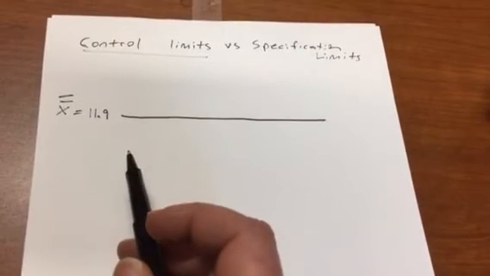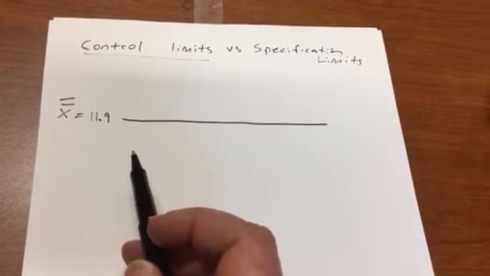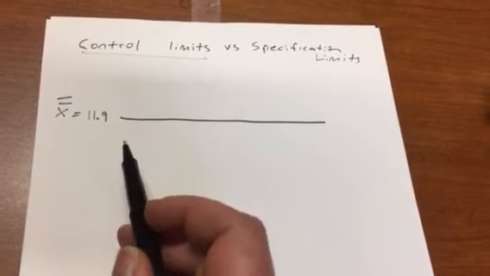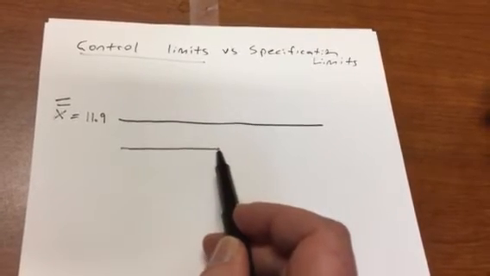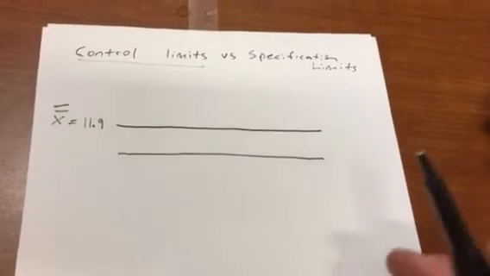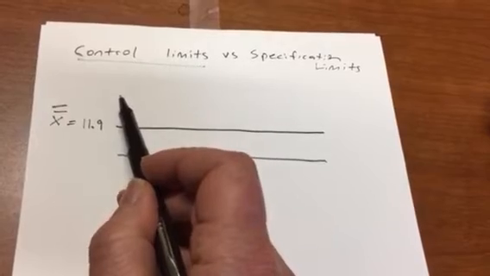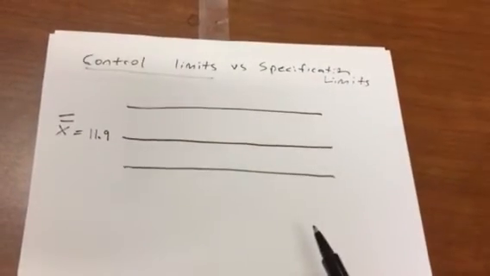Let's not dwell on that right now. Once we have that standard deviation, we can draw in our control limits: a lower control limit 3 standard deviations below the center line, and an upper control limit 3 standard deviations above the center line.